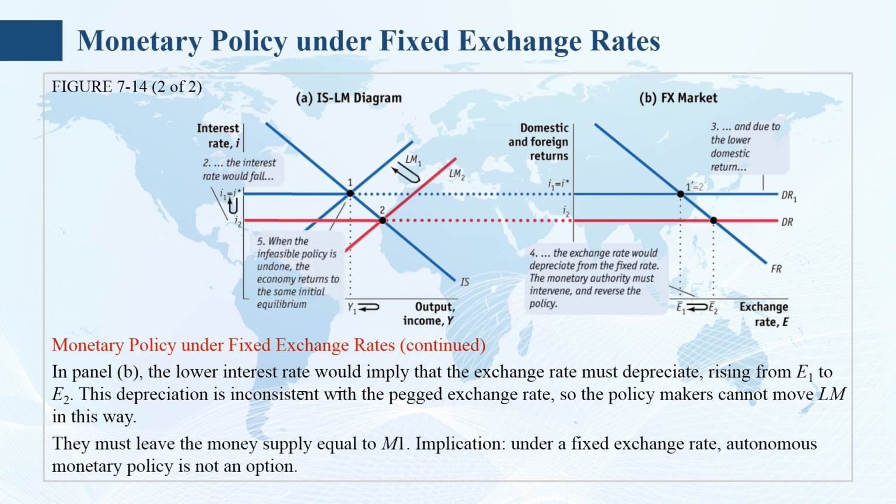This depreciation is inconsistent with the pegged exchange rate, so the policymakers cannot move LM in this way. They must leave the money supply equal to M1. The implication under a fixed exchange rate: autonomous monetary policy is not an option.